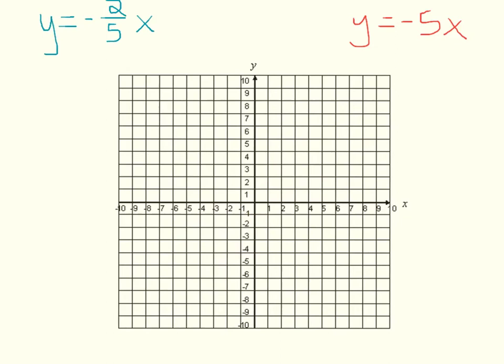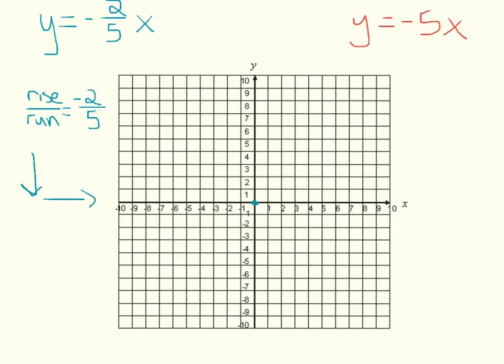Alright, now let's graph these two equations. Both of these have a negative slope, -2/5 and -5. So the first step, we're going to plot our y-intercept at 0, 0. And in our blue equation, rise over run is negative 2/5. So if my slope is negative, the pattern will be you're going to go down and then to the right, always to the right.